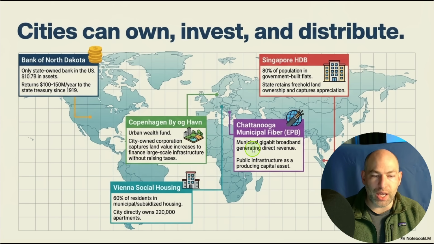But when you look globally, from the Bank of North Dakota to Copenhagen to Chattanooga to Singapore and Vienna, now granted most of these are Western, but Singapore isn't, there are all kinds of things that cities can do to capitalize their own sovereign wealth funds or municipal wealth funds.